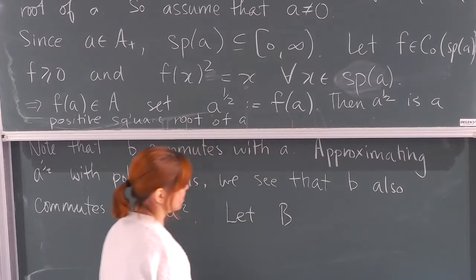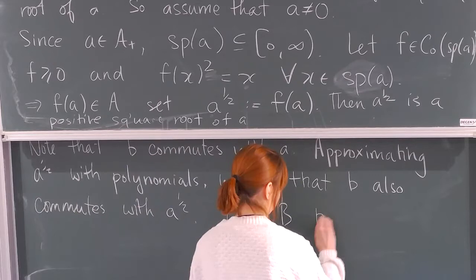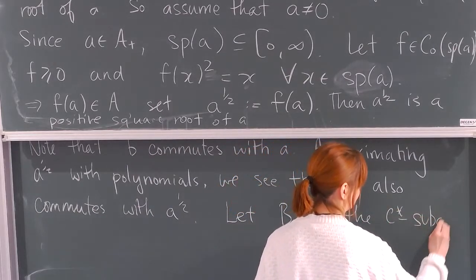So if we look at the C-star subalgebra generated by A half and B, it's commutative.